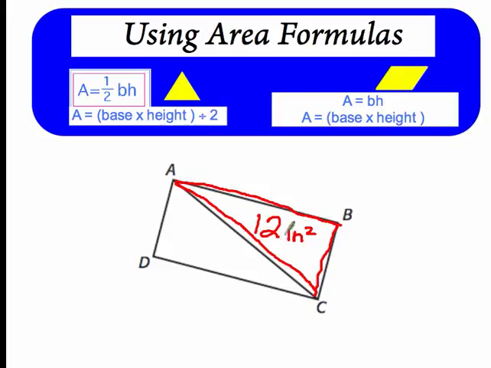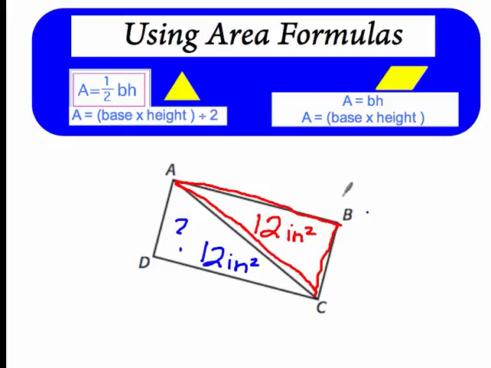So that triangle is 12 inches squared. The question is, what is the area of triangle ADC? Well, we know that a parallelogram or rectangle is double, or 2 times, the triangle. So if this is 12 inches squared, then the area here is 12 inches squared also.